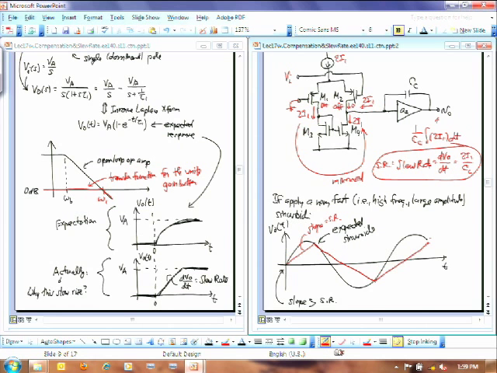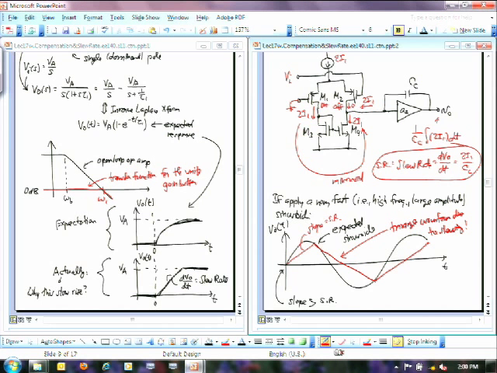And so you need to be able to recognize this in your lab amplifier. So in this thing right here, if I copy that and paste it here, you need to recognize the components here that can cause slewing.